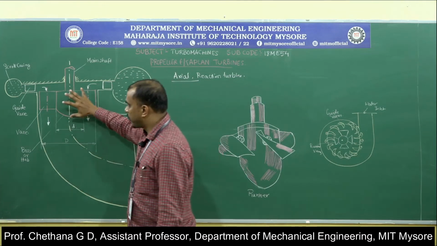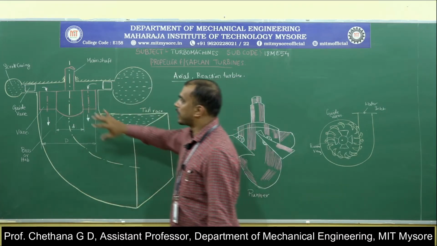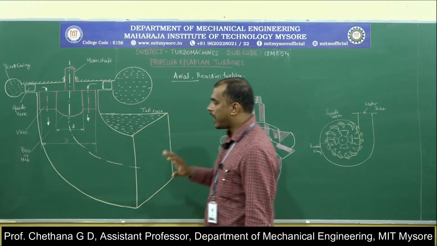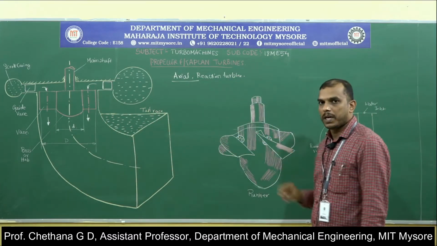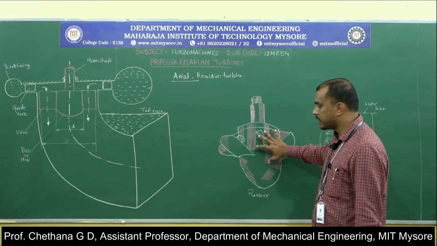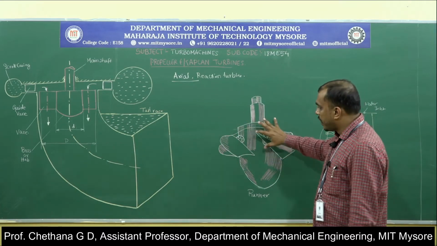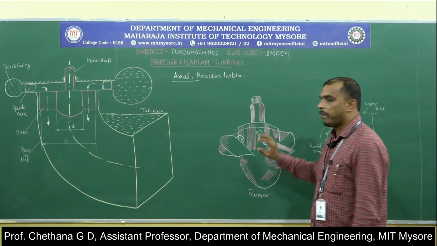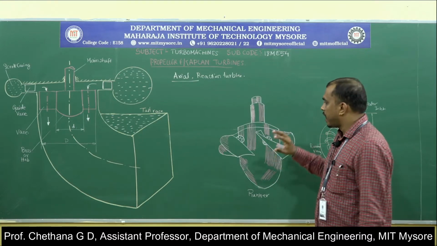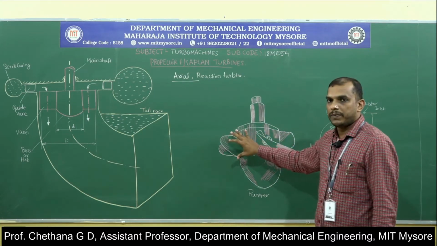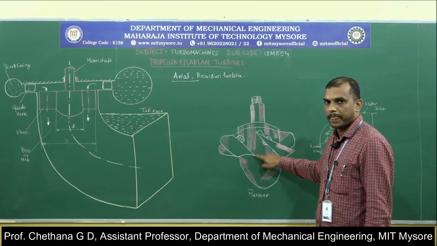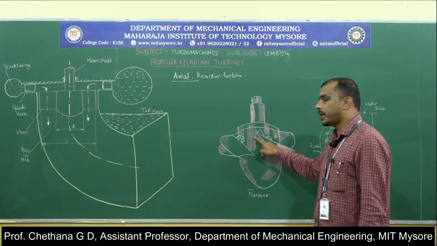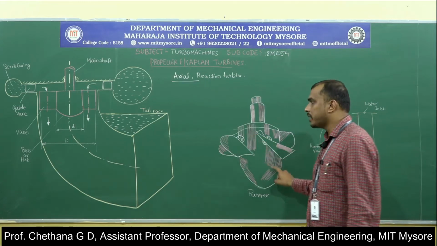Now this total what we are calling runner, and we are trying to represent that runner here with a bit bigger picture. Now this is the runner. Now this has got blades. Now this is a blade which is twisted from its root to tip, and it is pivoted to the boss or hub.